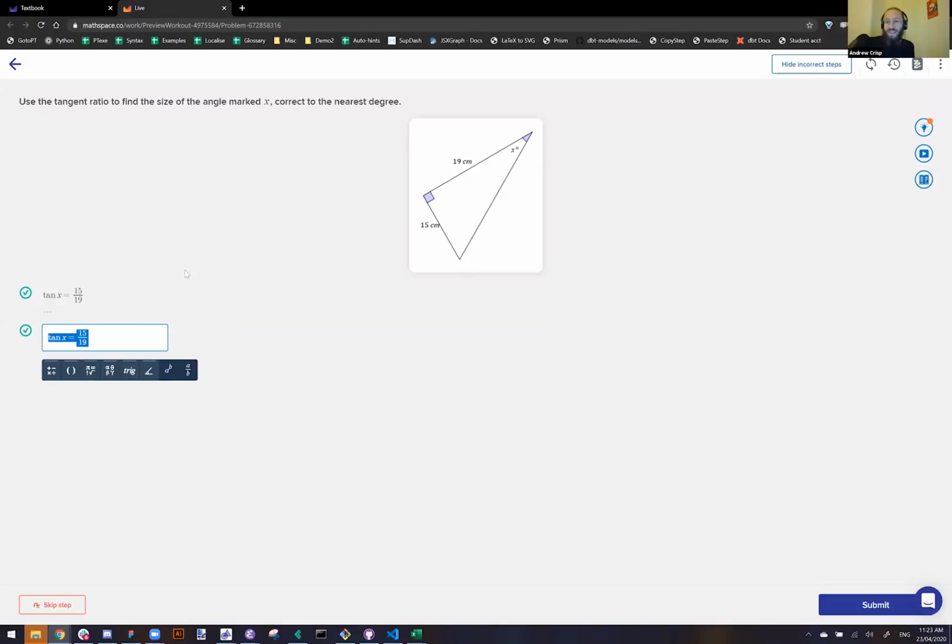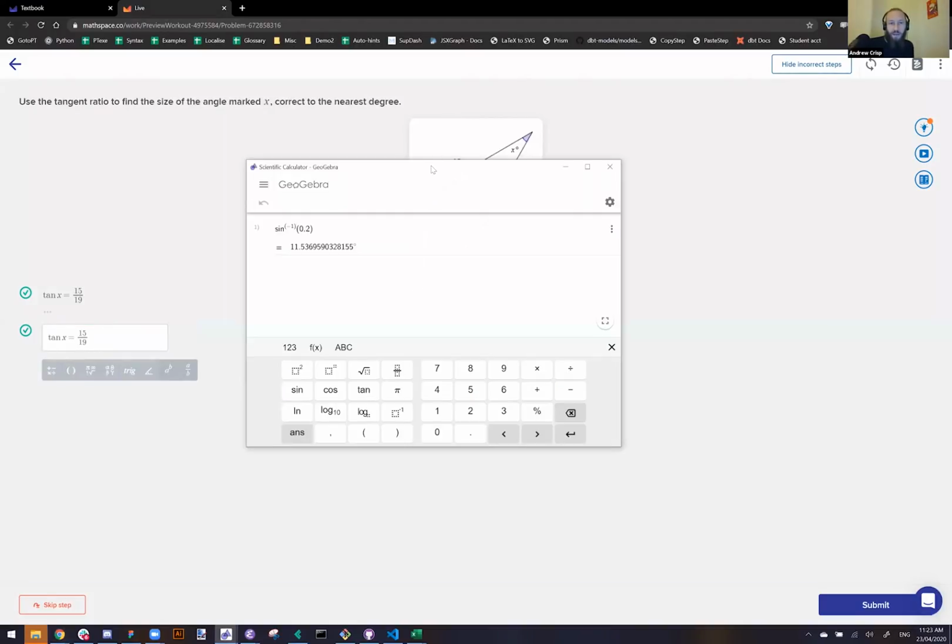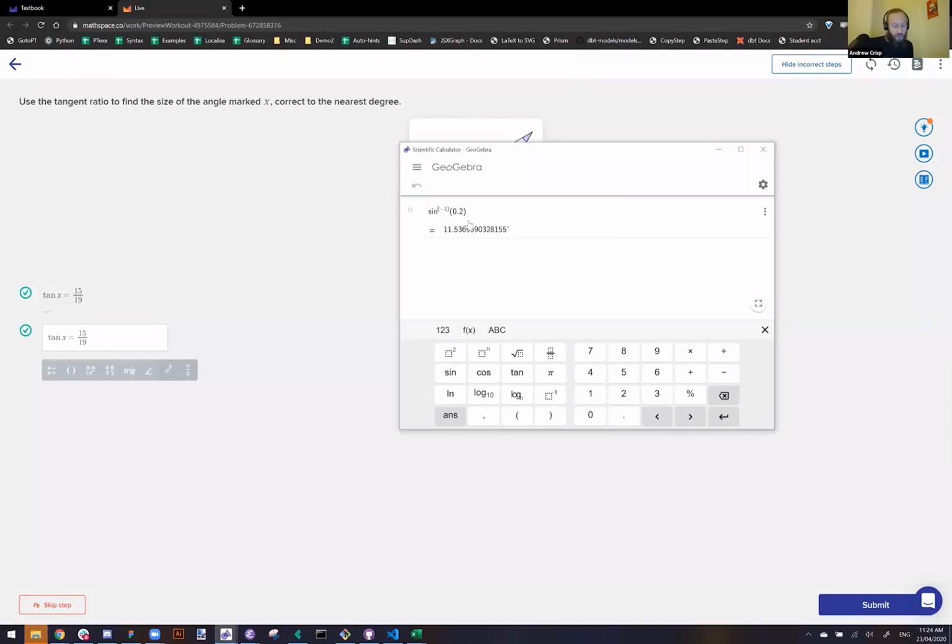Now we are in exactly the situation I was talking about before, where we have tan of something equals blah. And if I get out my handy dandy calculator, instead of doing sine, I'm going to do tan. And instead of 0.2, I'm going to do 15 over 19. Tan inverse is the way that I move the tan over to the other side.